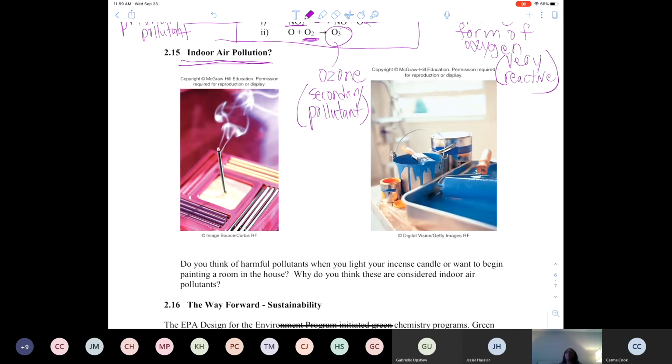And one of the main things that you can do to keep the air where you live, where you work, of course, safer is, of course, no smoking indoors. And then also be aware of the things that you use in your home, such as air fresheners and incense candles. Air fresheners and incense candles and all those things have chemicals in them.